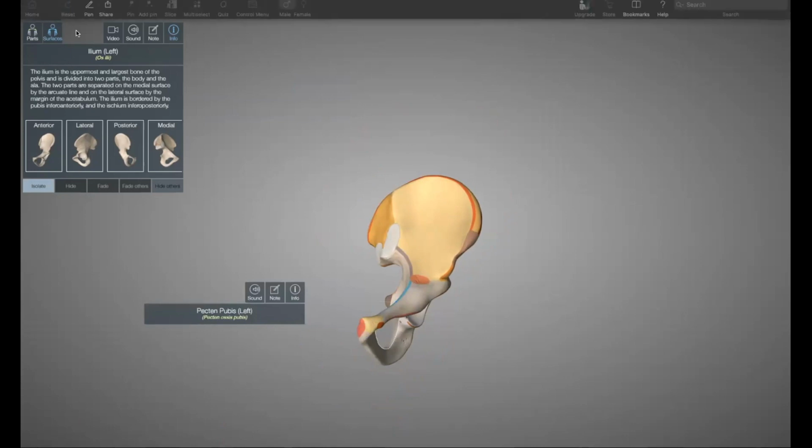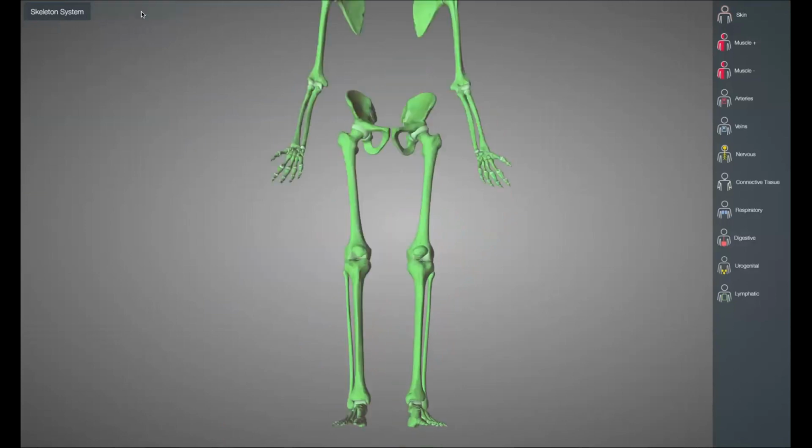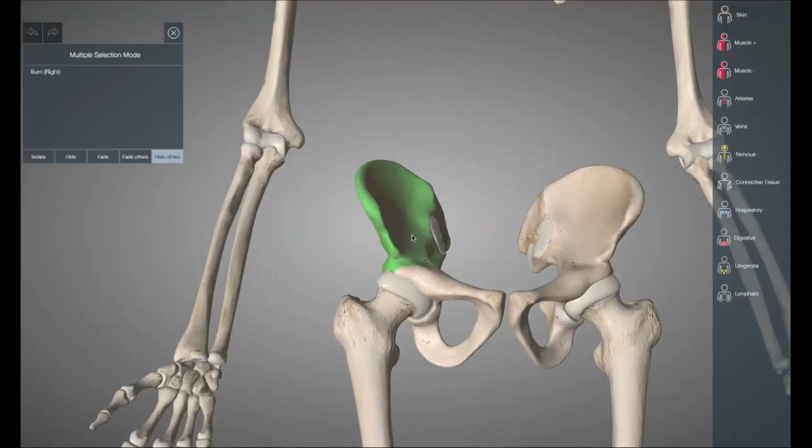The last thing we have to talk about is the anterior border of the pelvic inlet.